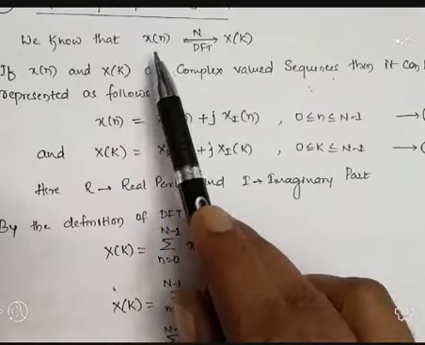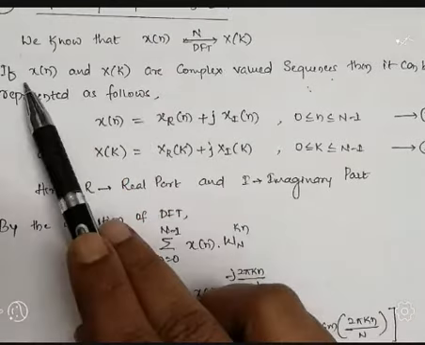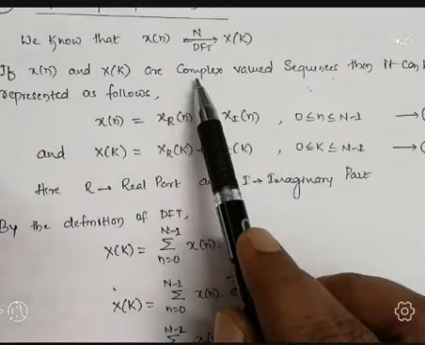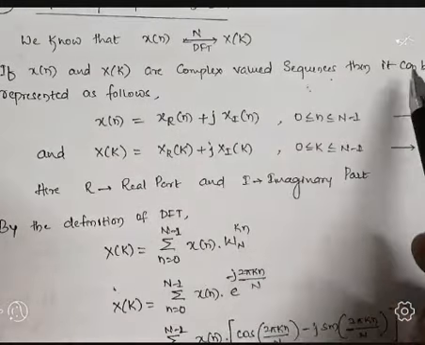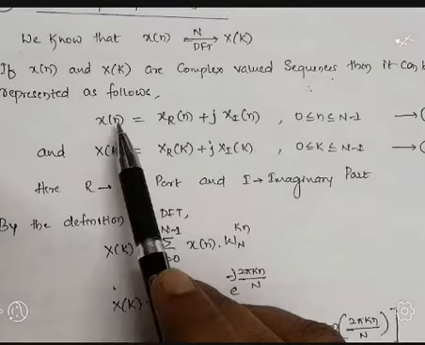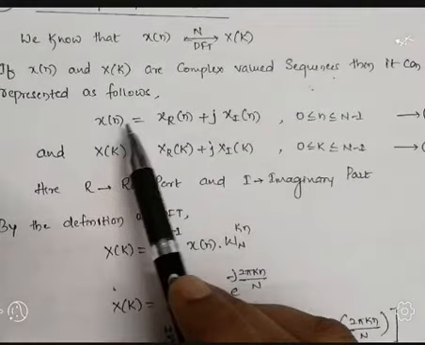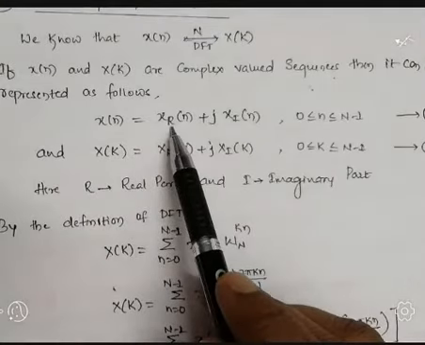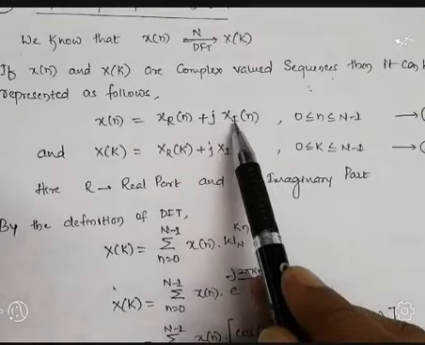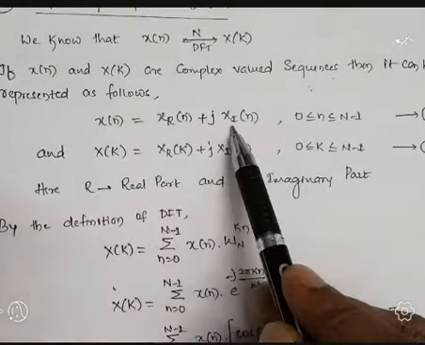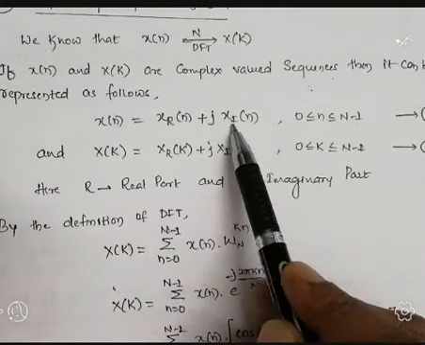Then it is a combination of real and imaginary parts. So x of n equals x suffix capital R of n plus j x suffix I of n. Here R stands for the real part, and capital I stands for the imaginary part of x of n.